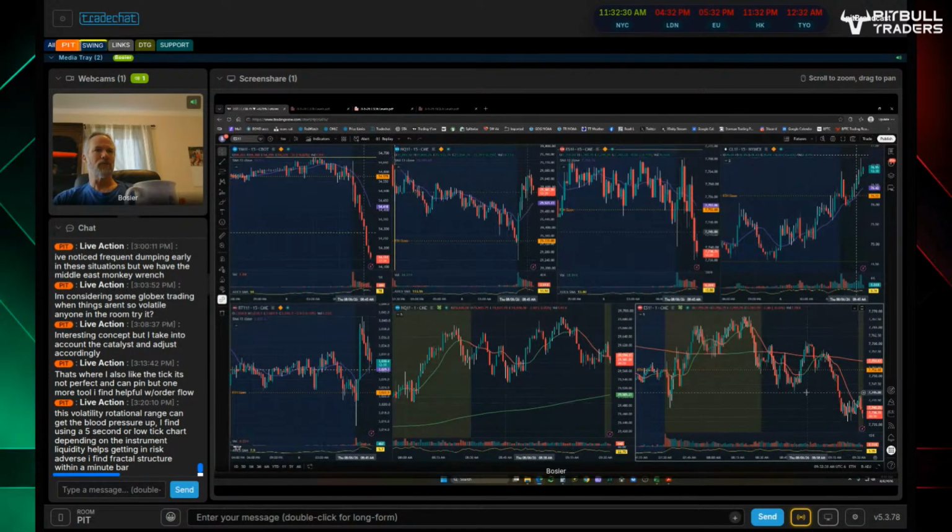Or vice versa. If you were short, say the 42s, and you gave it 4 or 5 points as your stop level, now price has started to follow through for you, right? In my opinion, it's okay to move your stop down and put it just above the high of this candle.